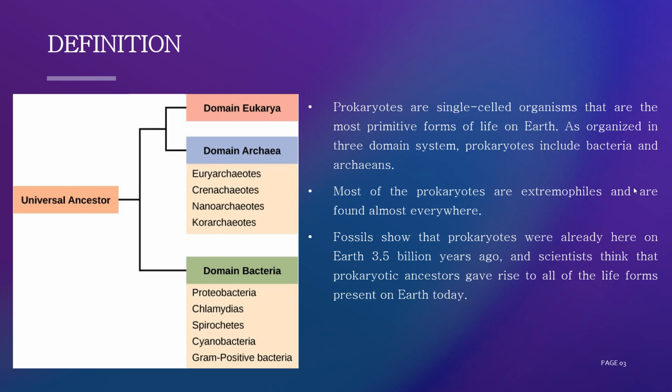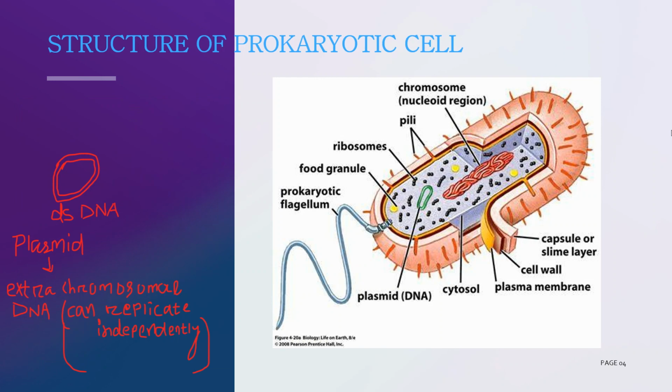Then next, this is the structure of the prokaryotic cell. See, this is the pili. You can see them all over the outer membrane of the cell or the cell wall.